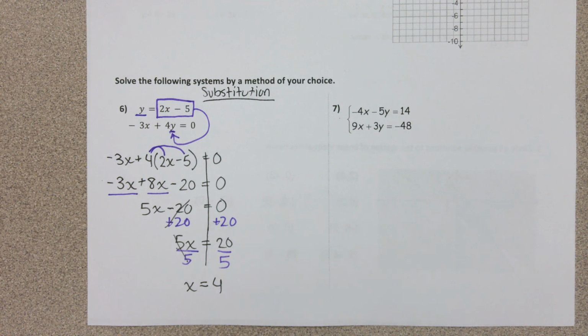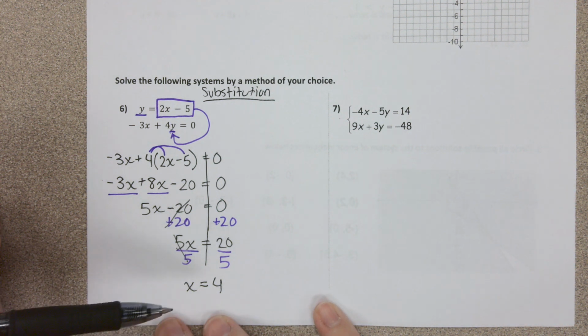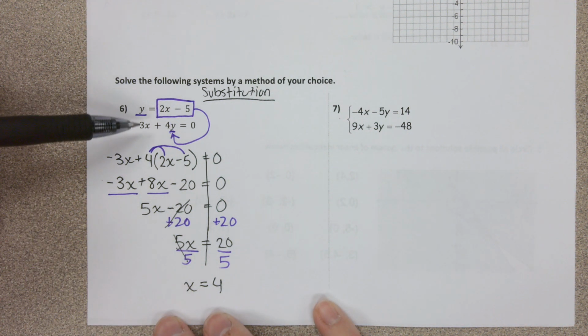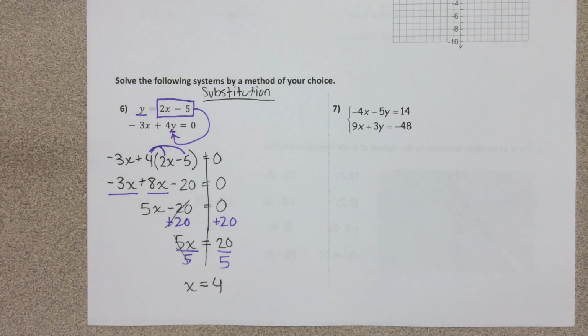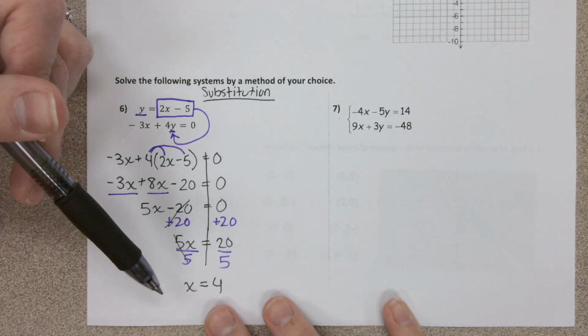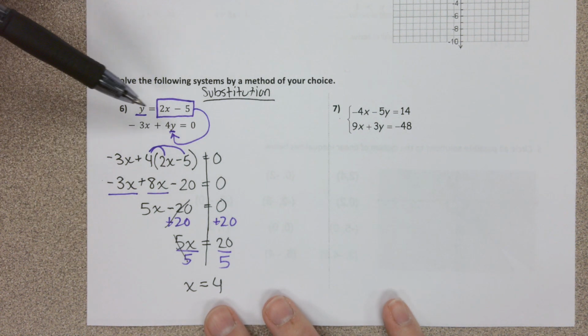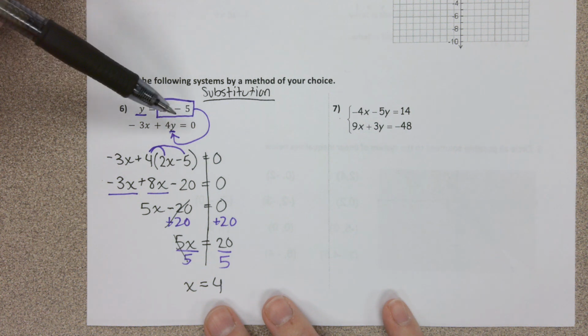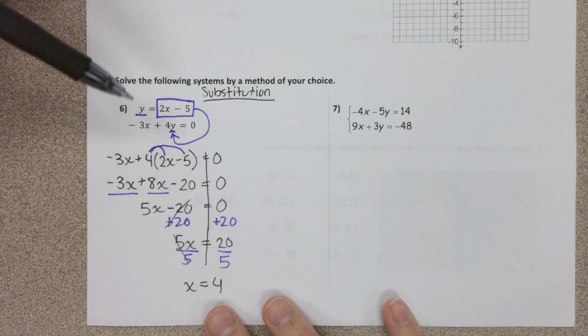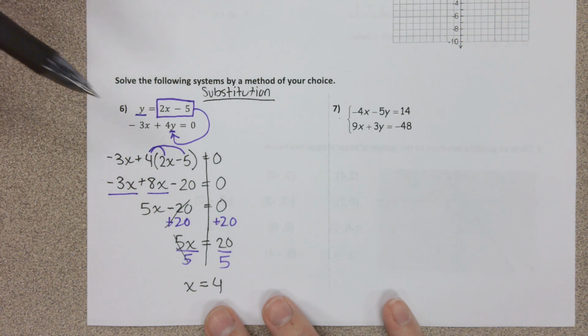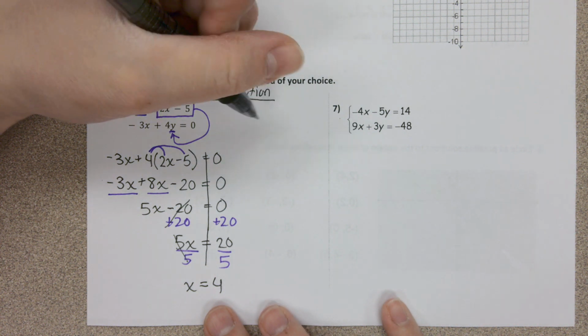So x is 4. Once we find your x, you can go and plug it back into either equation to find y. Remember, in substitution, it's easier to plug it back into the equation where y is already solved for. So the first equation that we didn't really use here, because we just have to plug the number in and then we'll figure out what the y is. So that's what I'm going to do.